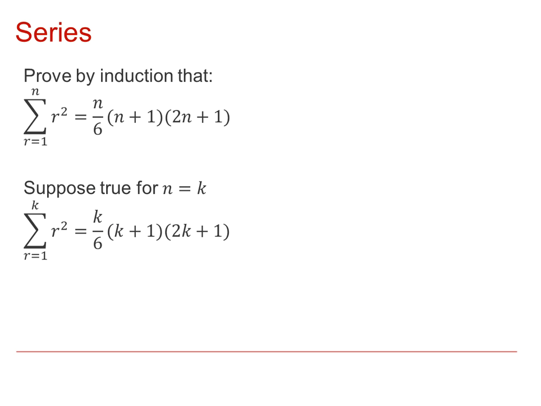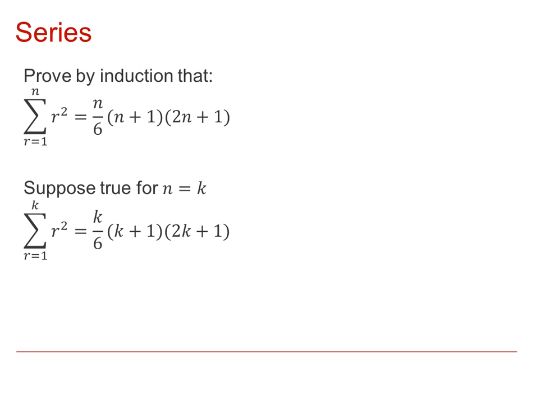The next step is to assume that it's true for n equal to k, in other words that the formula with value of k in it is in fact the sum of the first k square numbers. Then we need to show that it's also true for n equal to k plus 1.